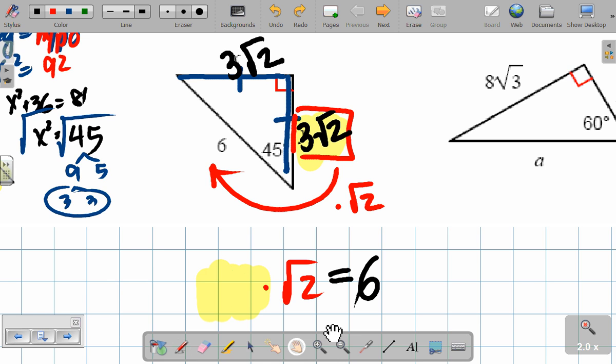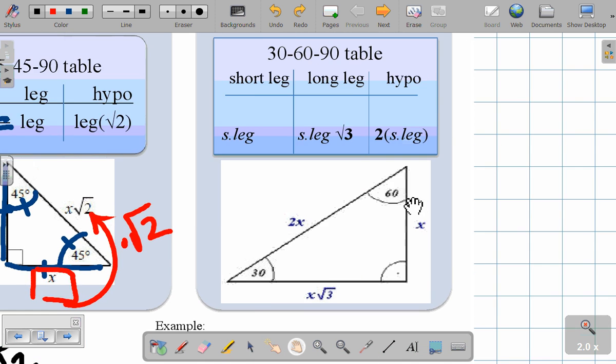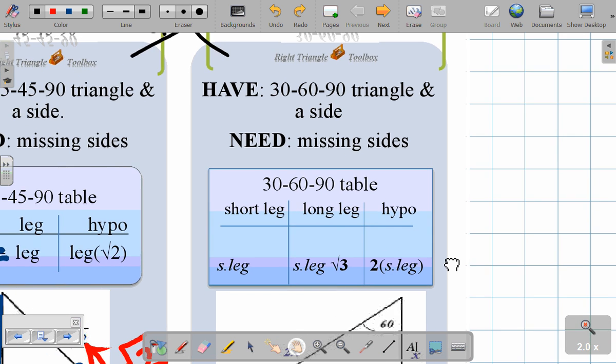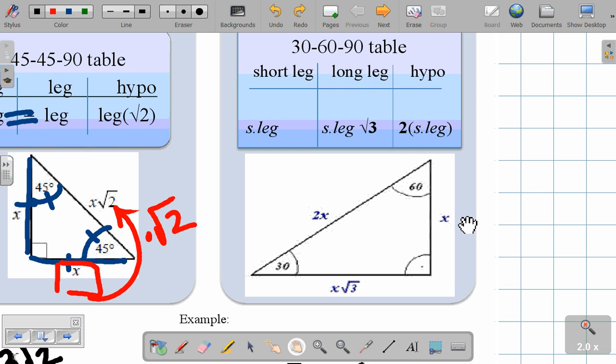All right. Ready, guys? 30-60-90. In a 30-60-90 triangle, step 1, I'd like you to underline short leg. Notice, everything refers back to the short leg. I'll show you. The short leg is always across from the 30.